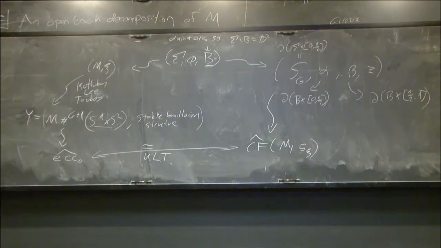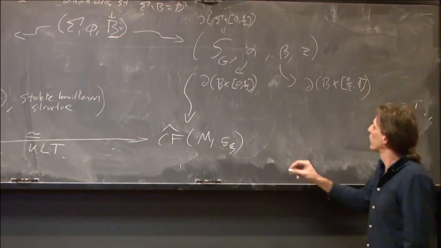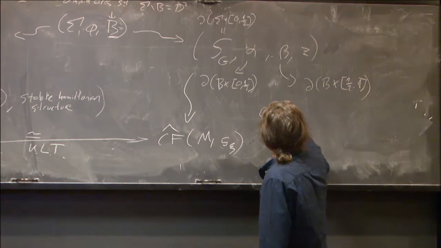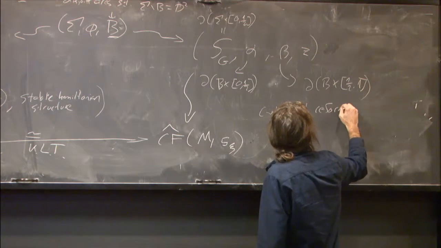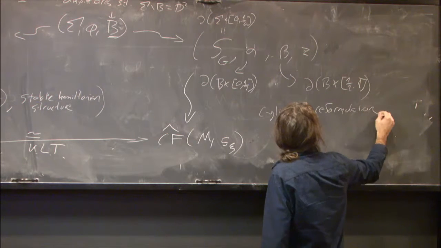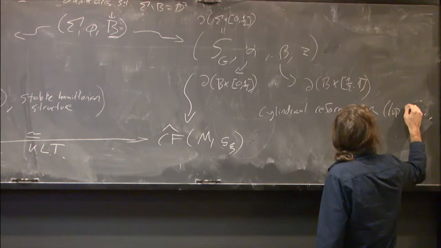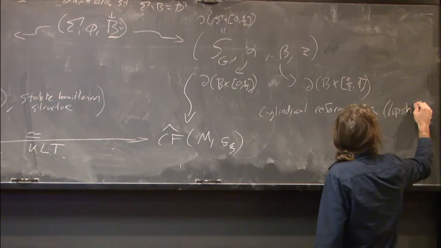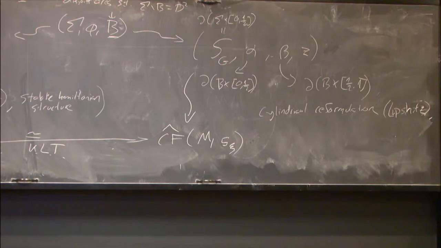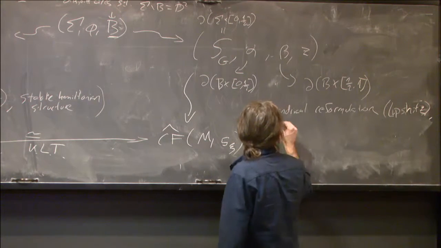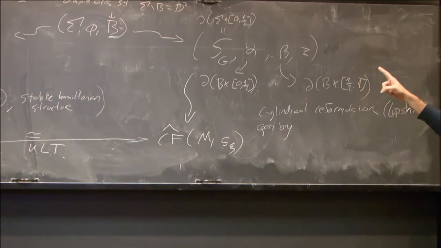So this group down here, probably most people know at least a little about it, but we're going to use the cylindrical reformulation of this Heegaard Floer homology due to Lipshitz. That's how he spells it. In which we're looking at, so what is it? It's generated now by intersection tuples between the alpha and beta curves.